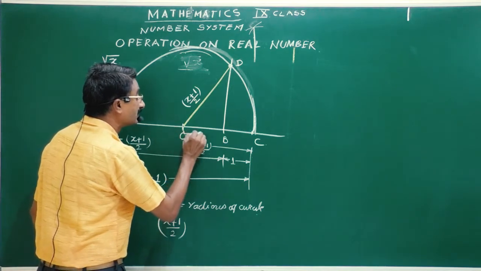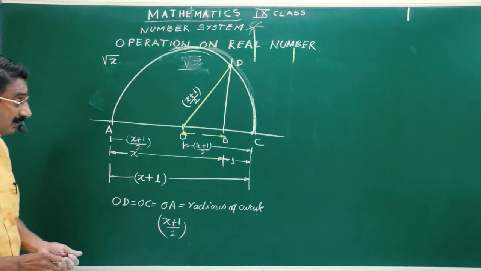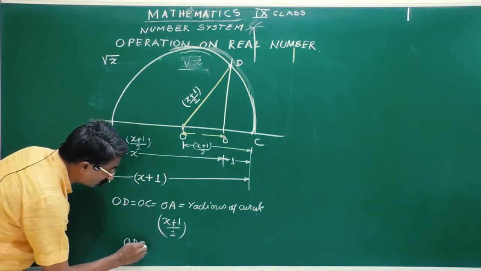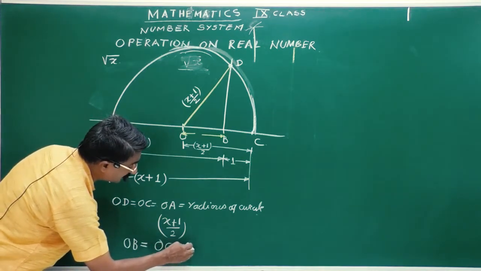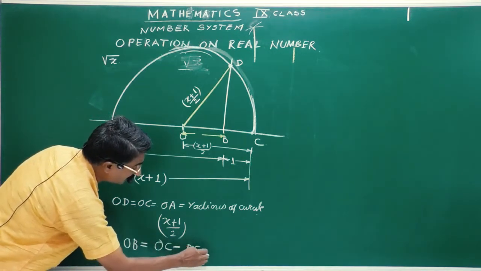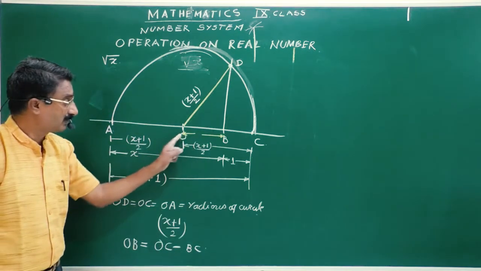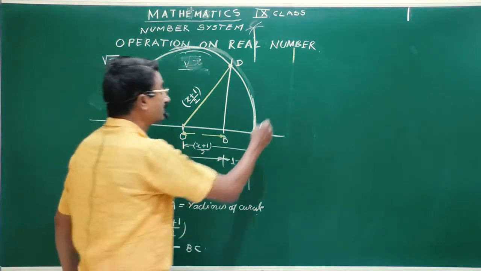How much is this distance? Anyone of you can tell me? That is OB. I am just writing the names. OB will be equal to OC minus BC. Clear? So what is the value of OC?